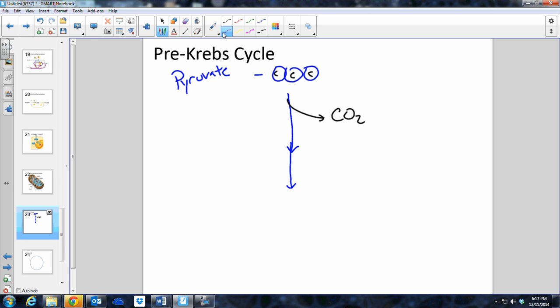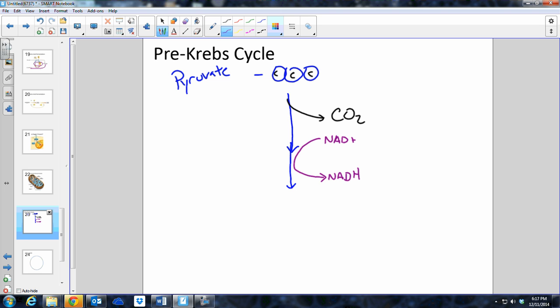And also, each time a carbon is lost, if you can think about it, the bond between one carbon and another carbon is broken, and when that bond is broken, energy is released, and energy is released in the form of electrons. Well, those loose electrons are going to be picked up by our electron carriers. And so here you have NAD plus that comes in and picks up those electrons and turns to NADH.